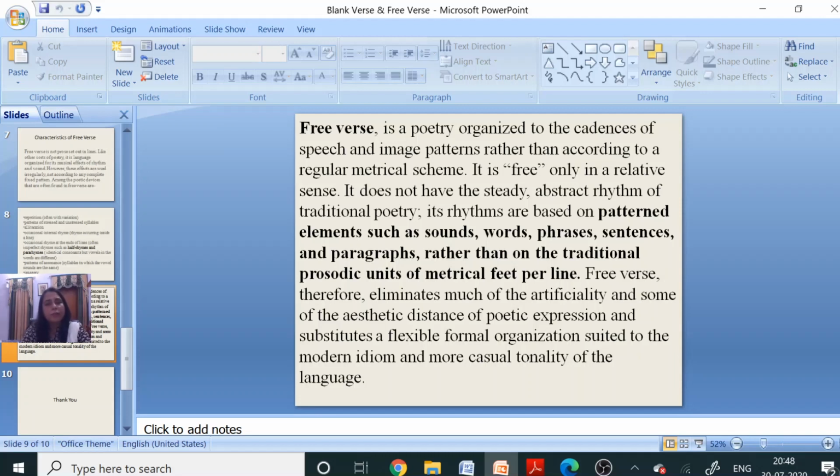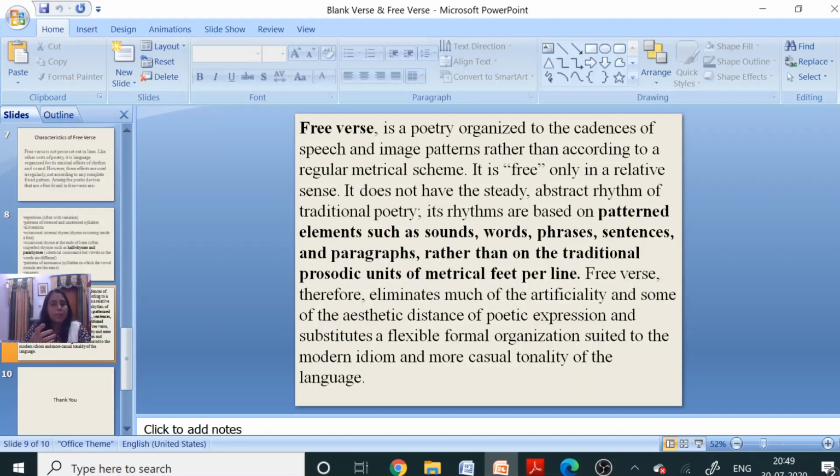And in this free verse, you're going to find more of a casual tone in comparison to a formal fixed pattern of poetry. So that was free verse. I hope now you are able to see the difference between heroic couplet, blank verse and free verse, where heroic couplet is absolutely fixed in its meter and rhyme scheme.